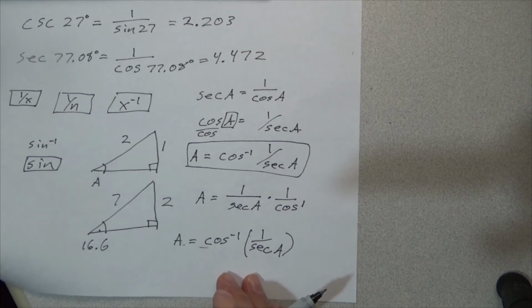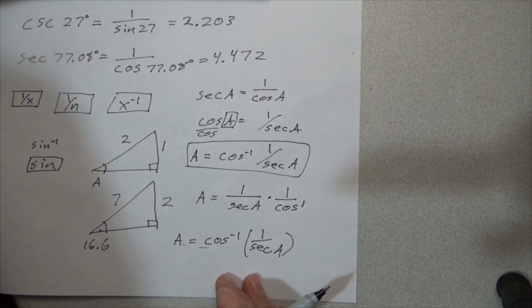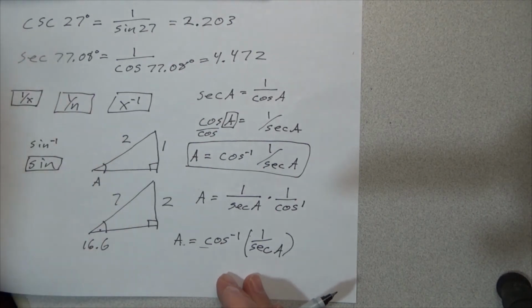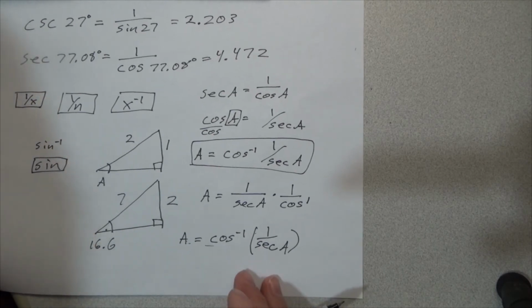On the bottom of page 850, determine the value of the angle. Let's just grab one. It doesn't matter. Let's use a secant one since that's what we were just talking about.